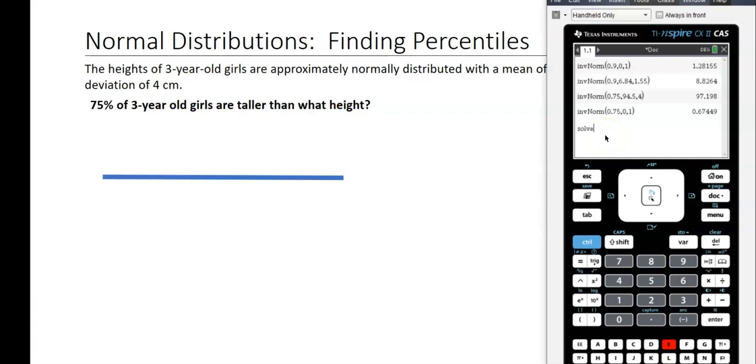So you could solve, that z-score equals x minus 94.5 over 4, comma x. And it gives you the same answer, 97.198.